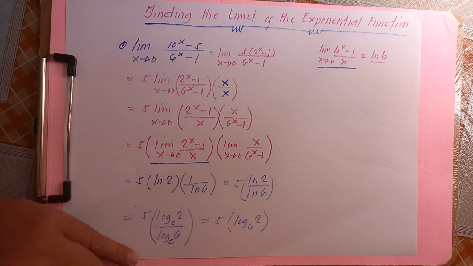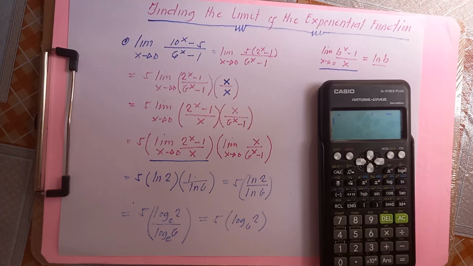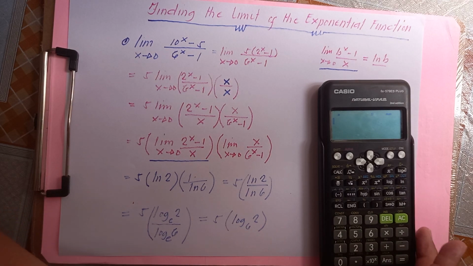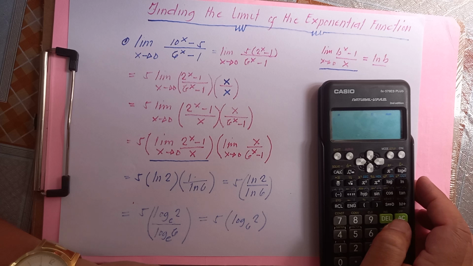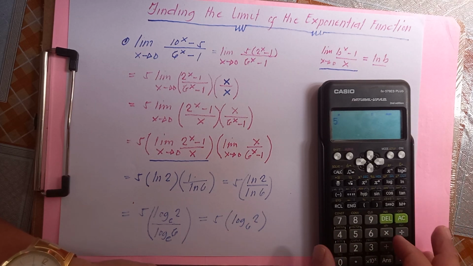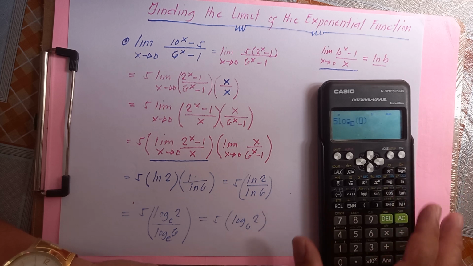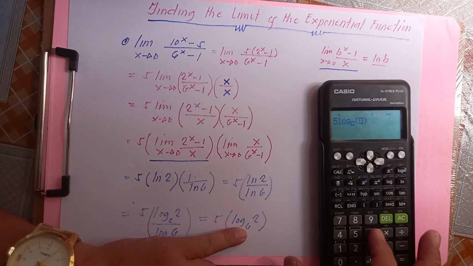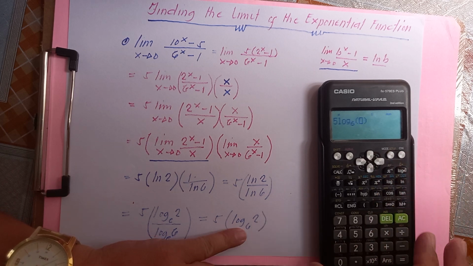Now to get the value of 5 multiplied by the log of 2 with the base 6, you can make use of your calculator by pressing 5 times log with the base 6 of 2.